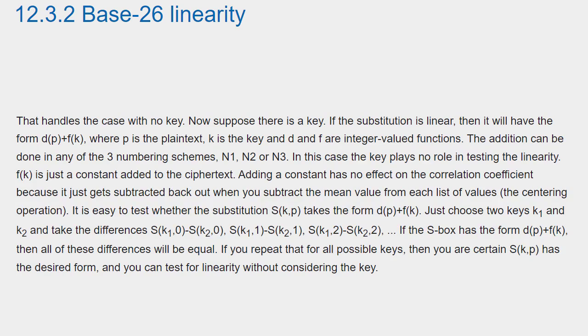If the S box has the form D of p plus F of k, then all of these differences will be equal. If you repeat that for all possible keys, then you are certain S of k, p has the desired form, and you can test for linearity without considering the key.